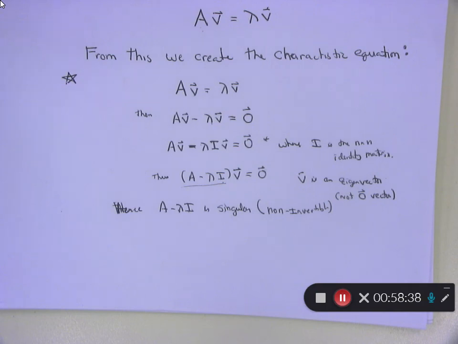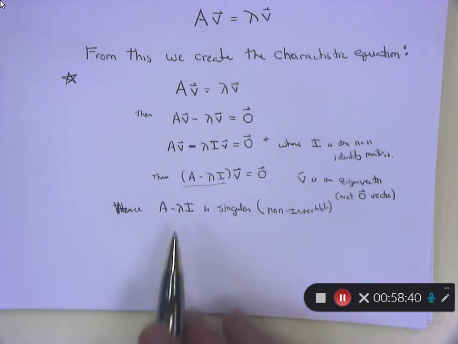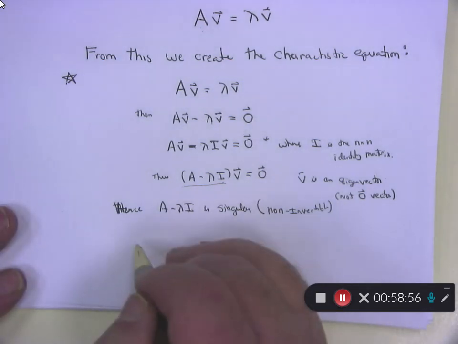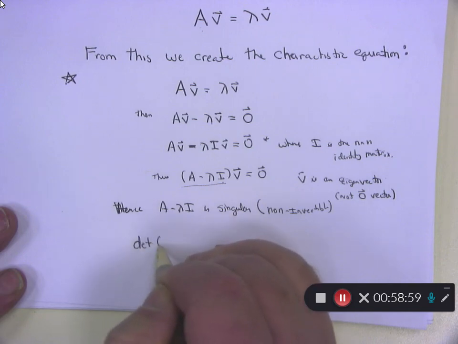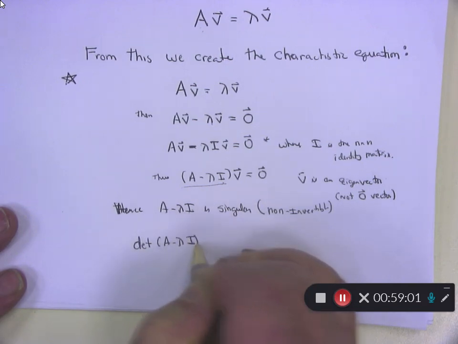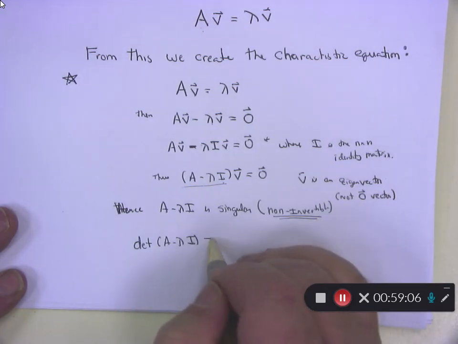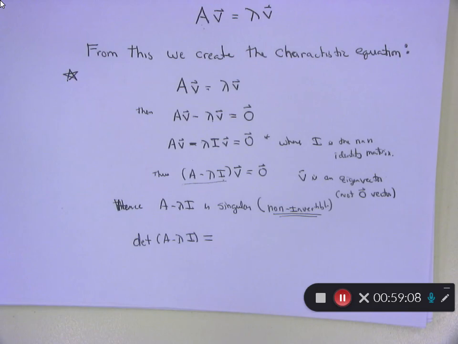What are some properties about matrices? This is a matrix now. A minus lambda I. It's a matrix, but it's not invertible. Non-invertible means singular. We had a property about this, tying it back in with other things you've had before. If it's singular, when I take the determinant of A minus lambda I, because it's non-invertible, can't find an inverse of it, called singular, what does the determinant of a non-invertible matrix have to be?